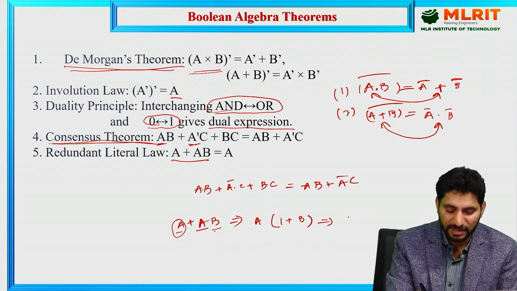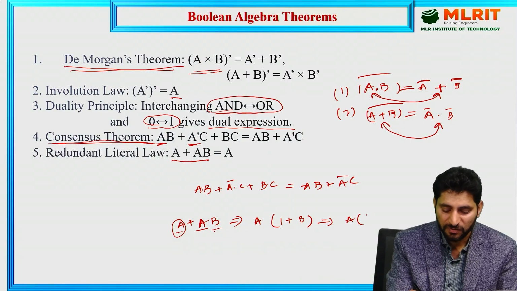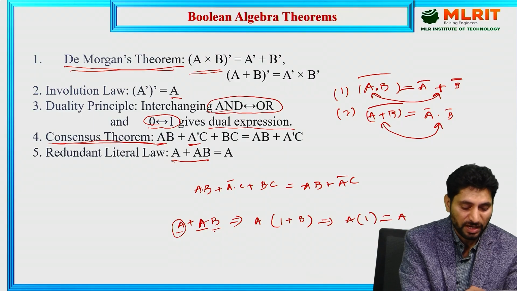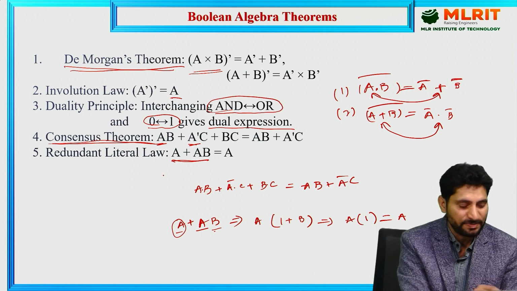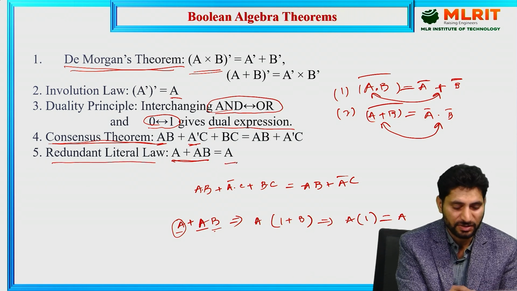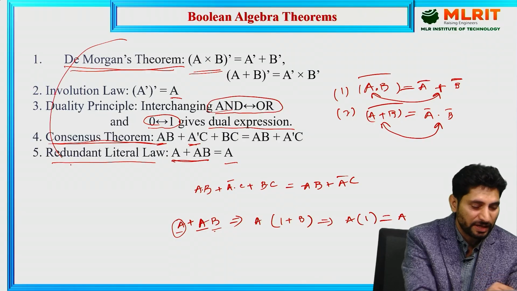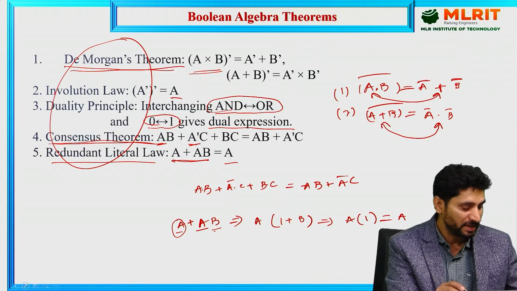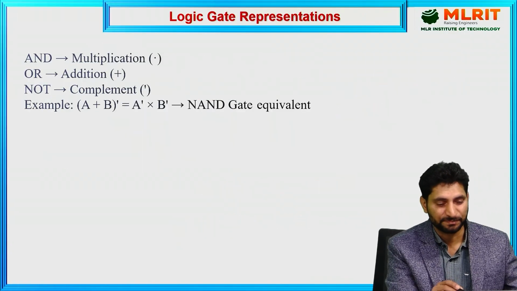So as per that, A of 1 plus B is nothing but 1. So answer is A. So this is true for this expression. So as per redundant literal law, we will get A plus AB is equal to A. These are important theorems while minimizing.